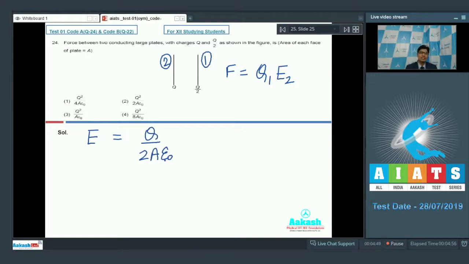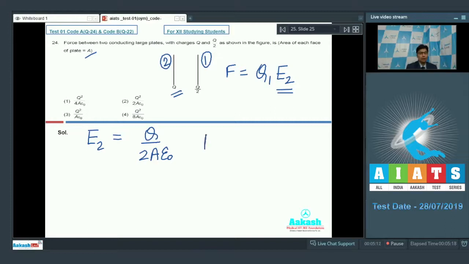Since we are trying to find out the electric field due to the second plate, that is E2, the charge on the second plate is given as per the question equal to Q. So we substitute Q here. The area is given to be equal to A. So A has been substituted here. So this is the final result for the electric field due to plate 2.